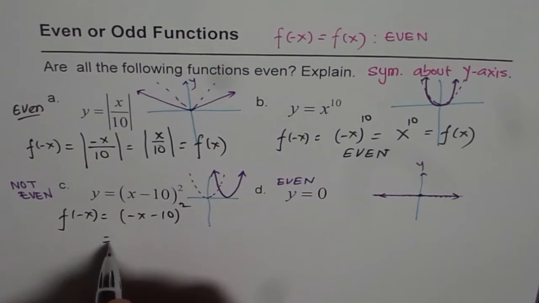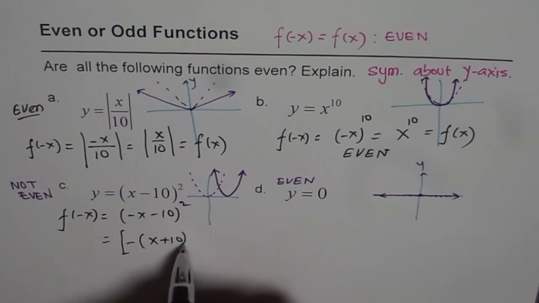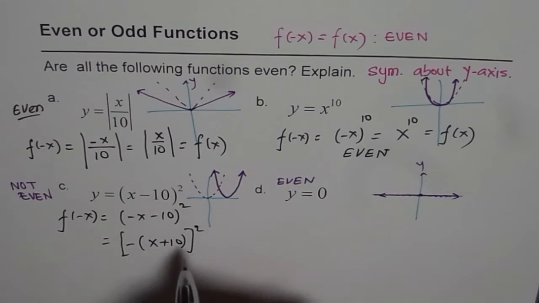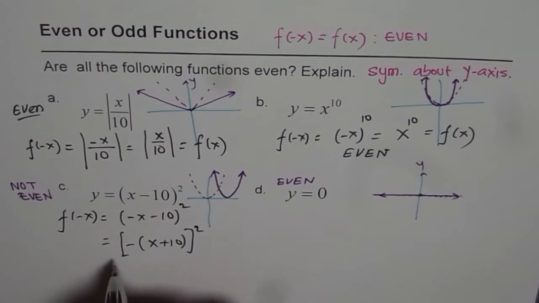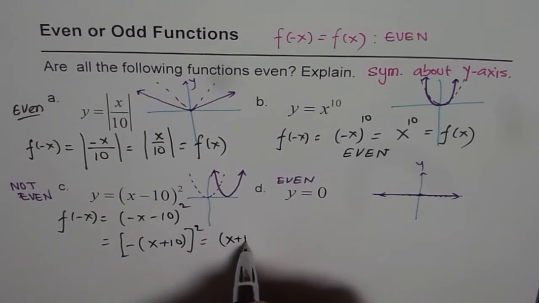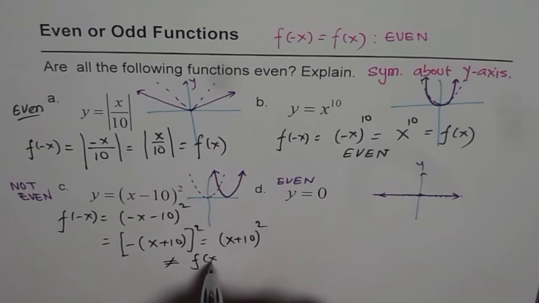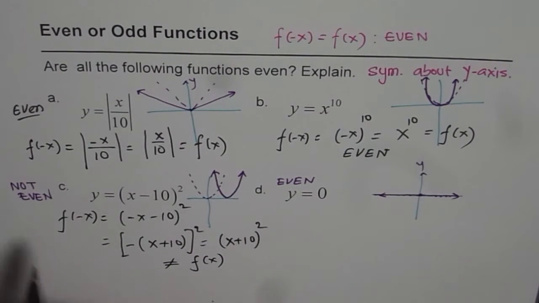What you can do is take minus common. Then you get (x plus 10) whole square, since minus squared is positive, which is not equal to f of x, and therefore it is not even.